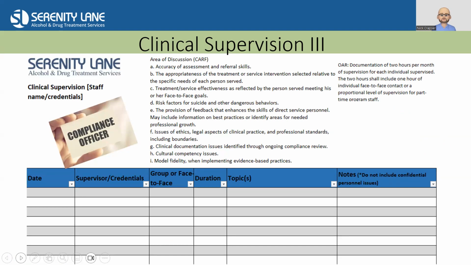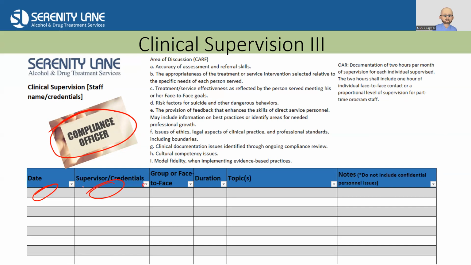This is what we have at Serenity Lane. This is very important. As you can see right here, we have the compliance officer card. This is a compliance issue, in addition to the fact that it's just best practice and it's something that we should be doing anyway. There are several categories. Obviously, right here, we want to have our date, who the supervisor is.